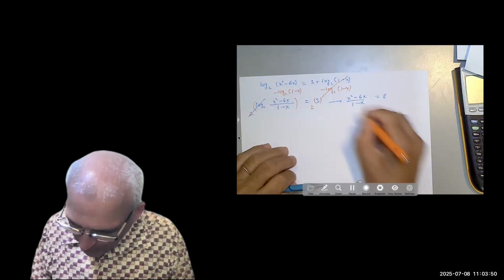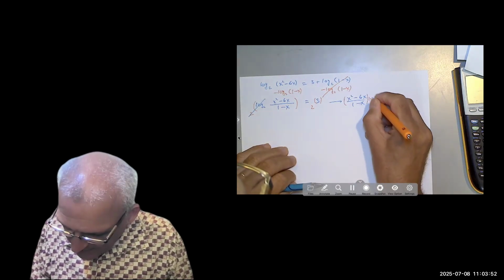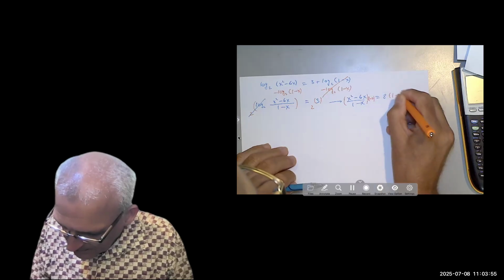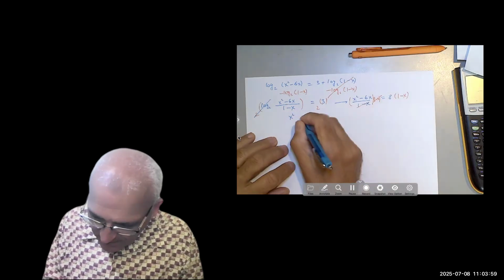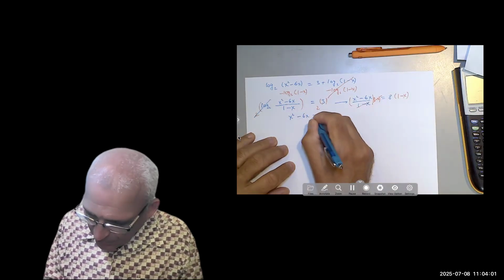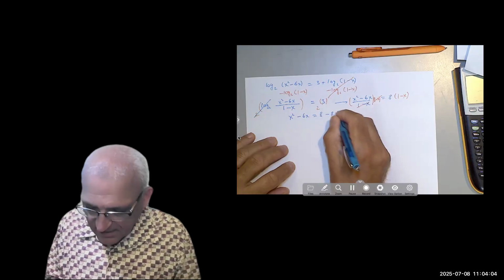You multiply both sides by 1 minus x. So you get x squared minus 6x equals 8 minus 8x.